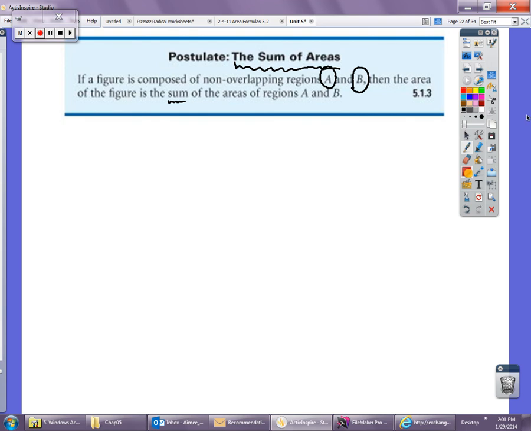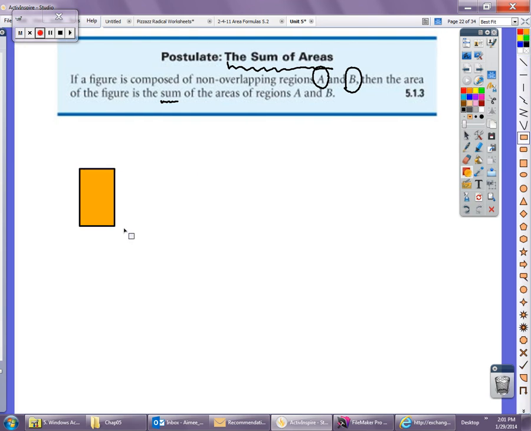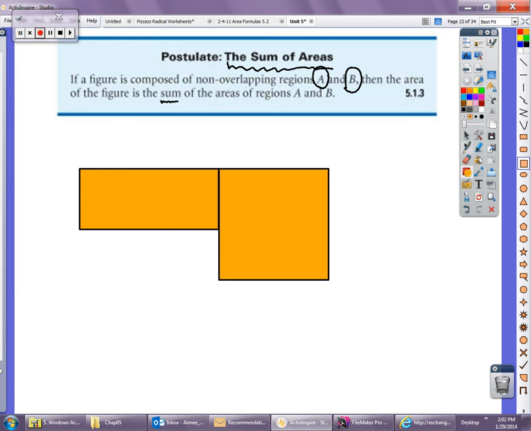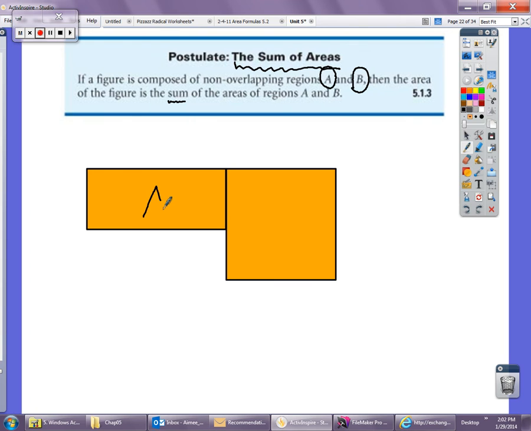So if I have a rectangle, and then I have a square that is attached to that rectangle, then I can say that area A plus area B is equal to the total area. And that is just a postulate. It's something that we don't need to prove, but it's already given to us.